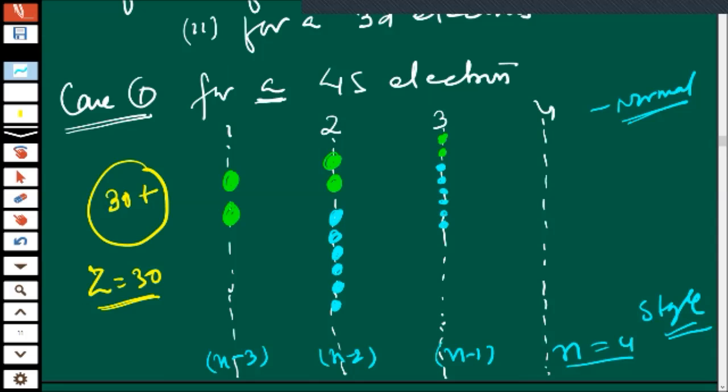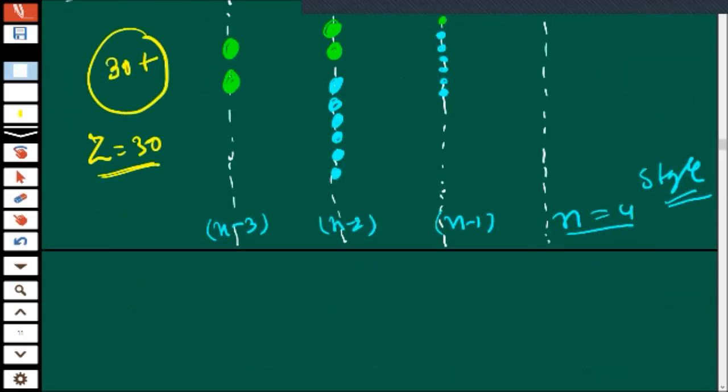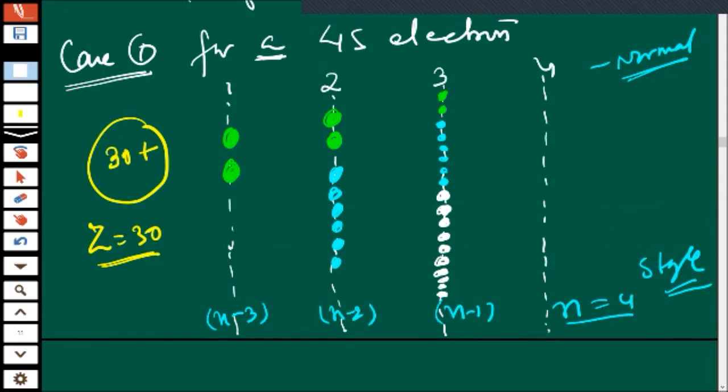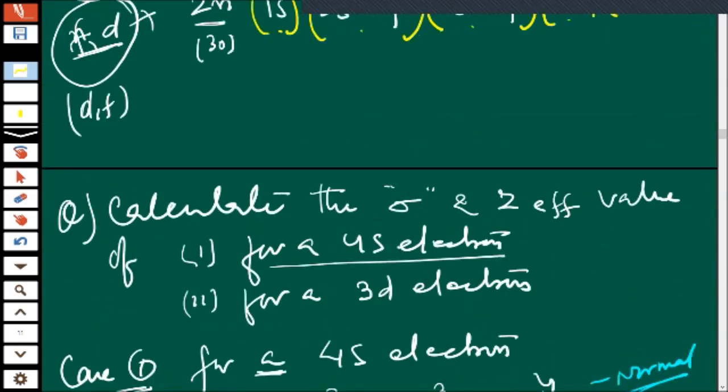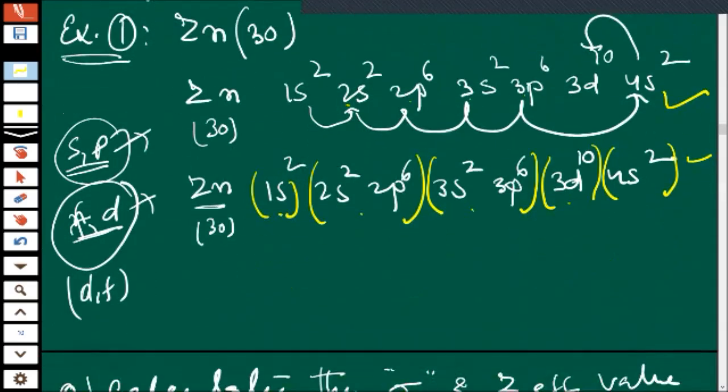And 10 electrons are in D. 1, 2, 3, 4, 5, 6, 7, 8, 9, 10. 10 electrons are in D. And what happened? So 2 electrons are in 4s. I have drawn the same thing what you have written over here.